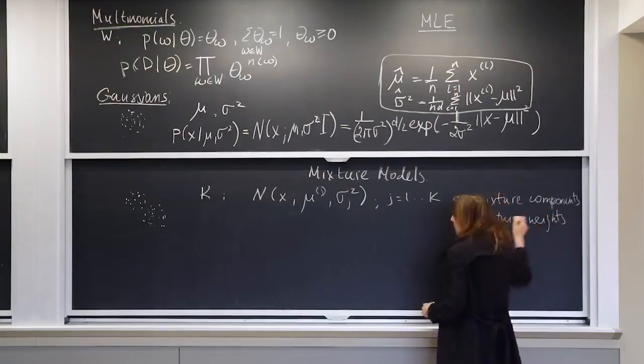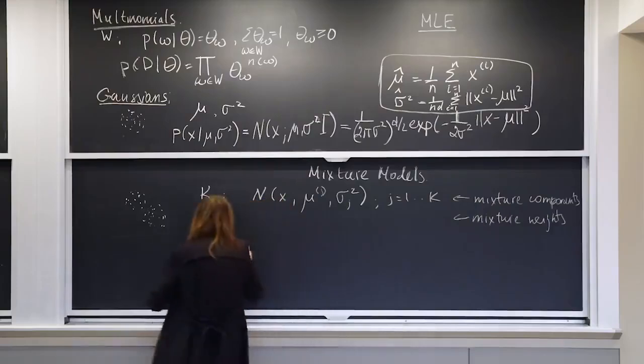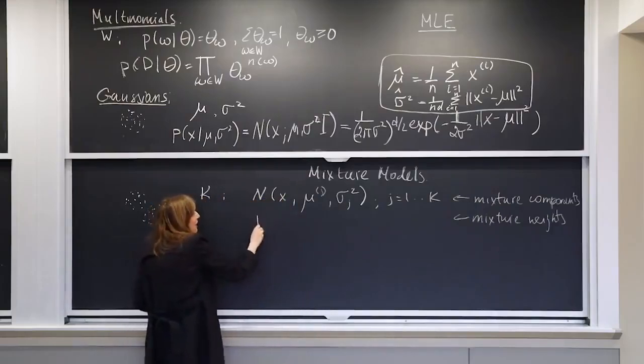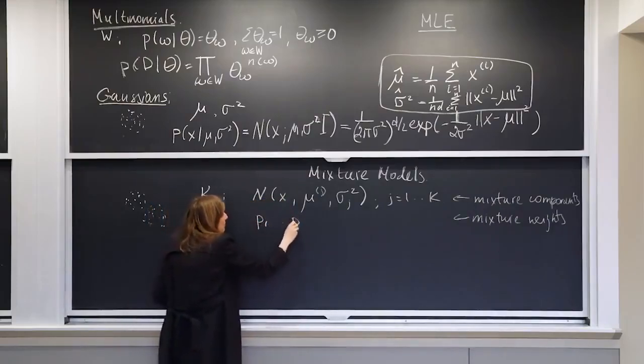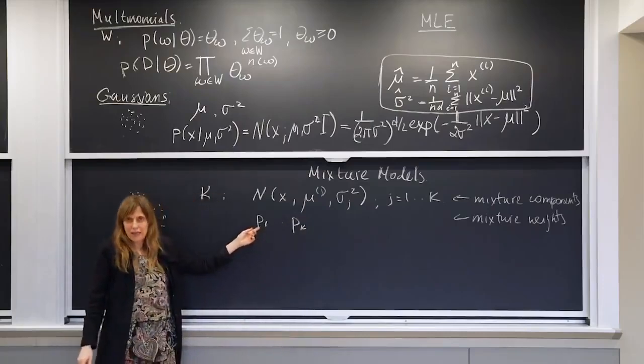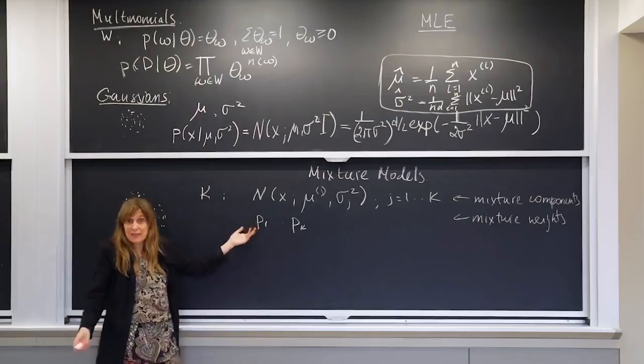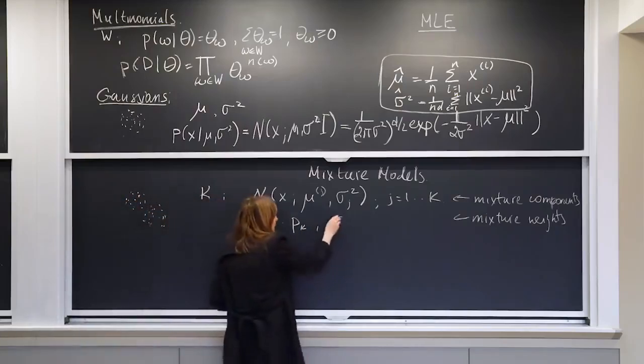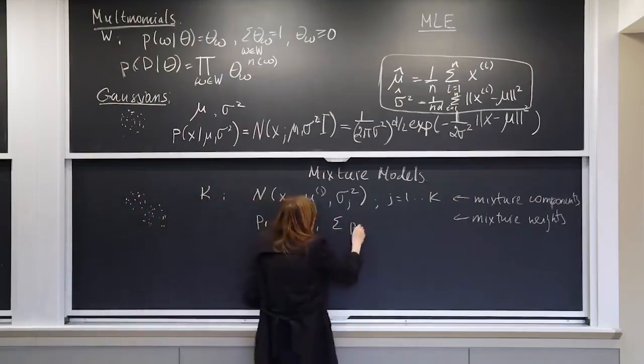What mixture weights means is that now each one of these components would come with its own likelihood. And this will be a multinomial. The sum of these probabilities would go to 1. So this is a multinomial.